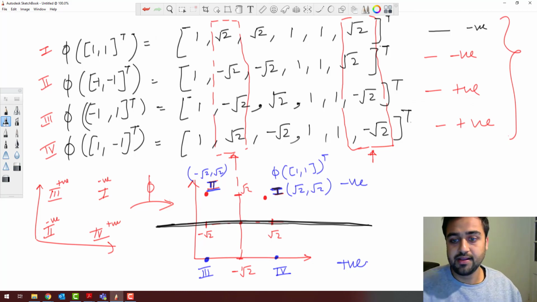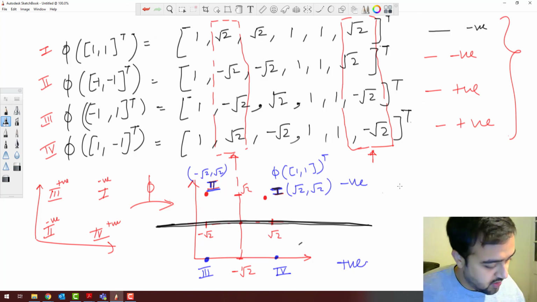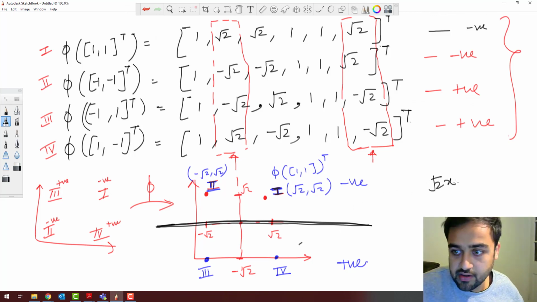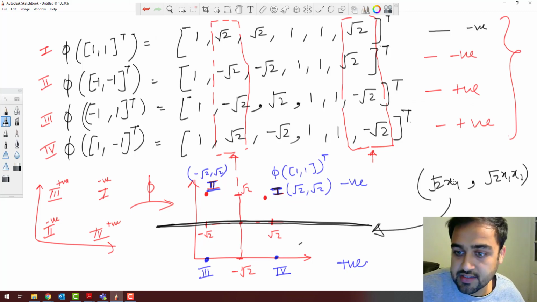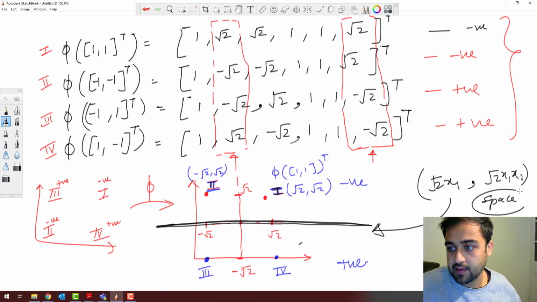This leads to a real simple solving of the XOR function if it's projected to a six-dimensional plane. While considering this, we have considered two features that are root 2 x1 and root 2 x1 x2. So this is basically the root 2 x1 comma root 2 x1 x2 space, just because we are considering just two samples or two points from our feature space.